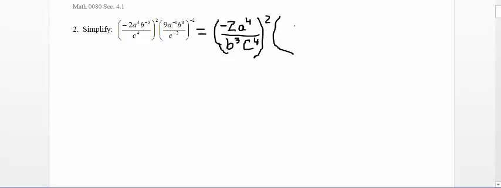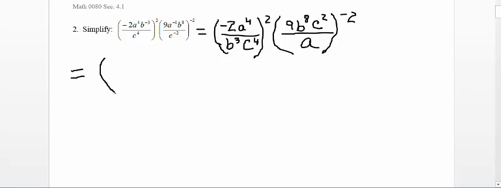On the second expression, the power of negative 2 in the denominator on C becomes a power of positive 2 when I move it to the numerator. The power of negative 1 on A in the numerator becomes a power of positive 1 when I move that expression to the denominator.